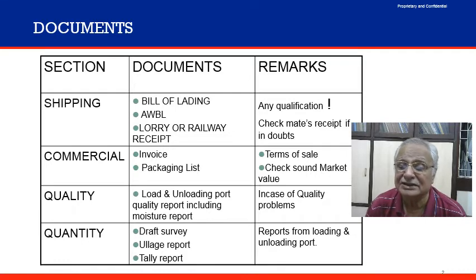So what about the lorry receipt? The lorry receipt should have the other side printed with the conditions of carriage. Many times they will incorporate the value also in that, so that becomes the ad valorem lorry receipt. Whenever at the settlement of claim you ask what the condition was when you received this cargo, the driver's copy has to be qualified, because the consignee can qualify his lorry receipt anytime.